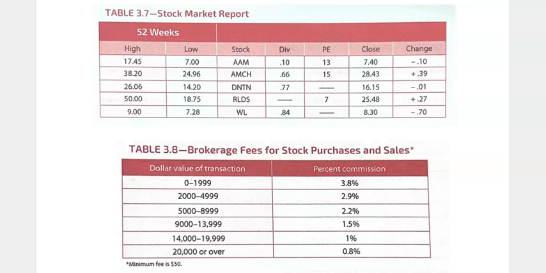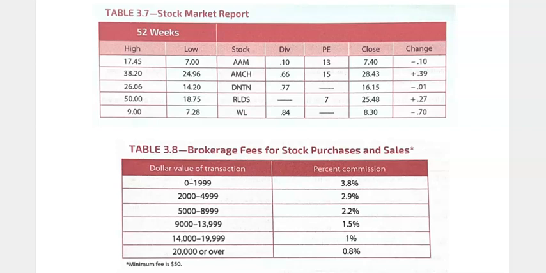The close column is the closing price, or the last price which the stock sold for the previous day, not today's, because we look at the previous day. And then the change column is what that difference is from yesterday to the day before yesterday. So I like the first one, the -10.